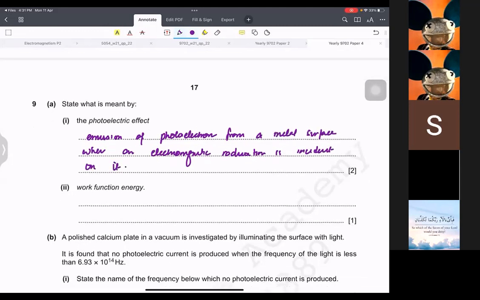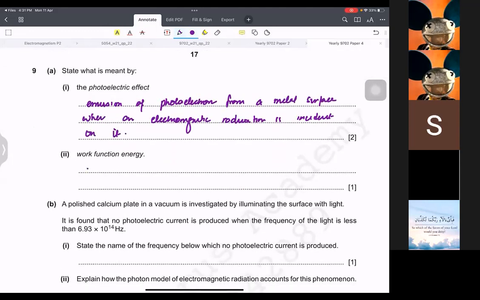Okay? What is the work function? It is the minimum energy required for an electron to leave the metal surface.